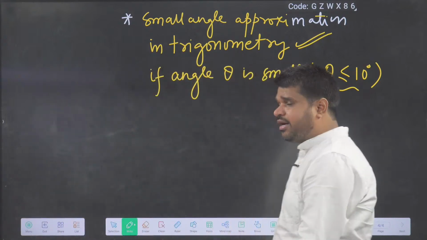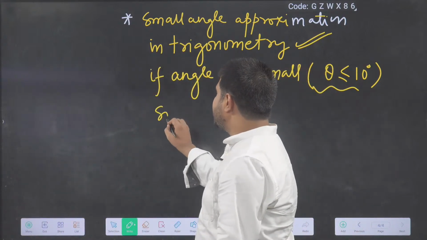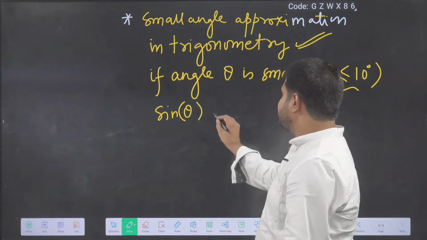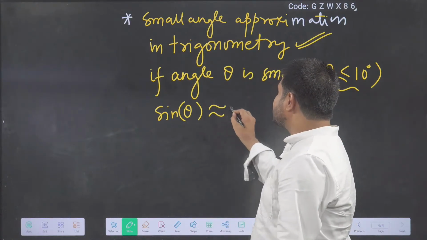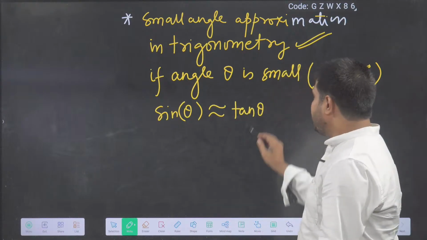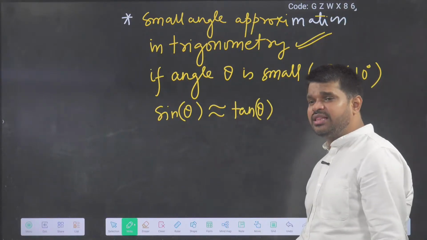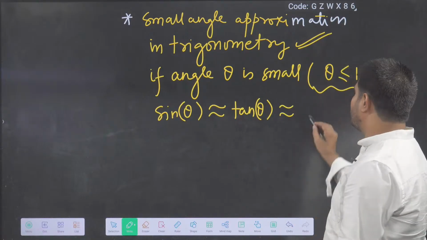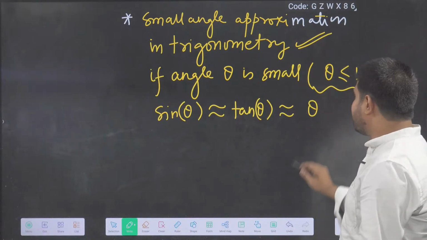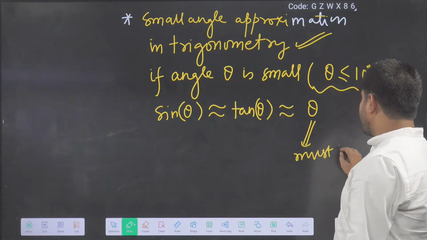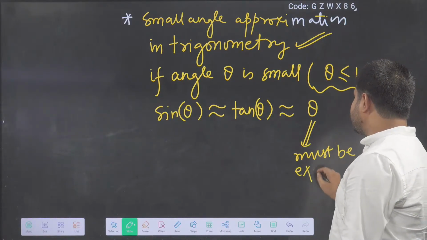The approximation is that sin theta is approximately equal to tan theta, and both of them are approximately equal to theta. But this theta must be expressed in radian.